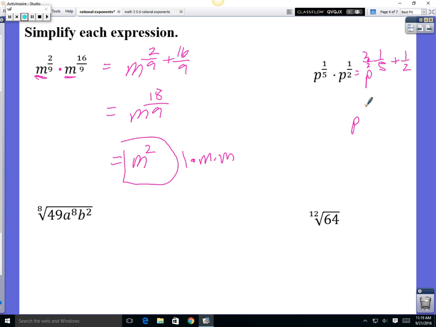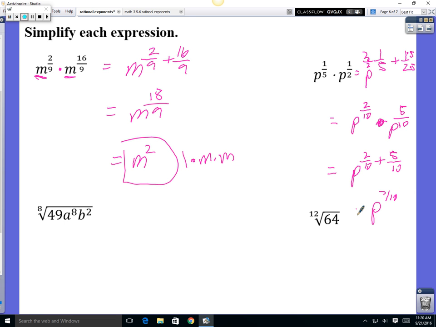So it's going to be P to the 2/10 plus, I've got to times this one by 5 and times this one by 5, plus P to the 5/10. And now it's going to be P to the 2/10 plus 5/10. That is going to equal P to the 7/10.